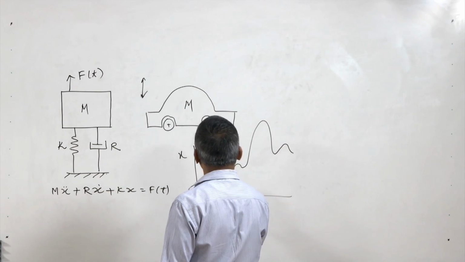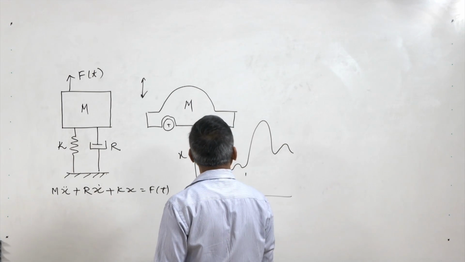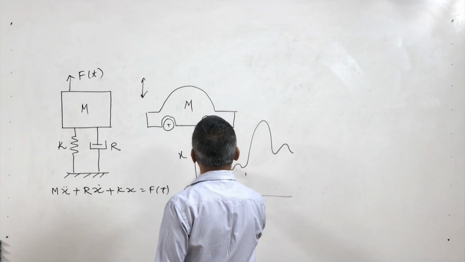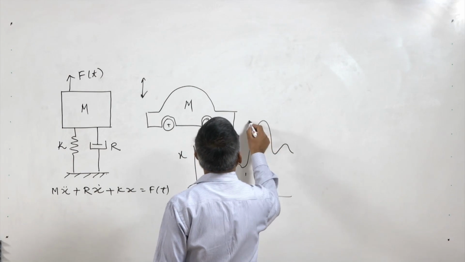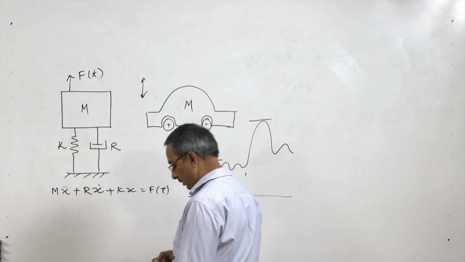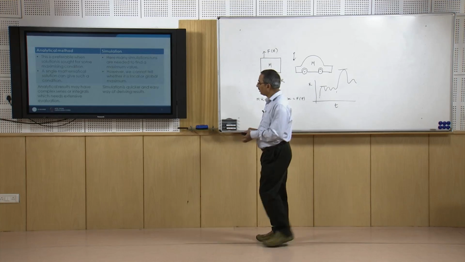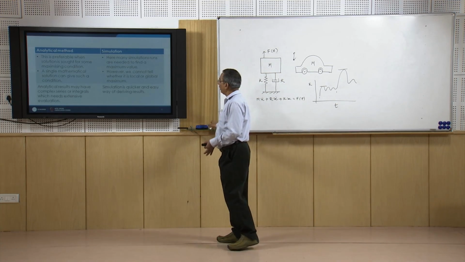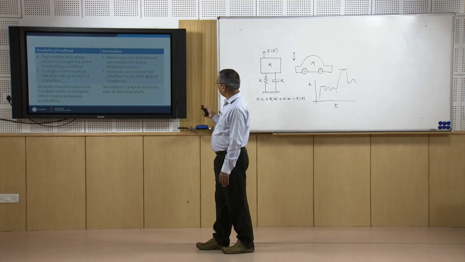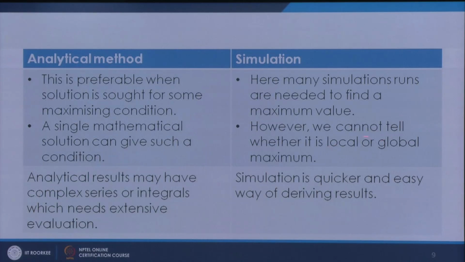In this range this is what we call the local maxima, the locally maximum value, whereas here this is the global maxima. That we cannot tell, we cannot find out, whether it is a local or global maxima using numerical simulation.